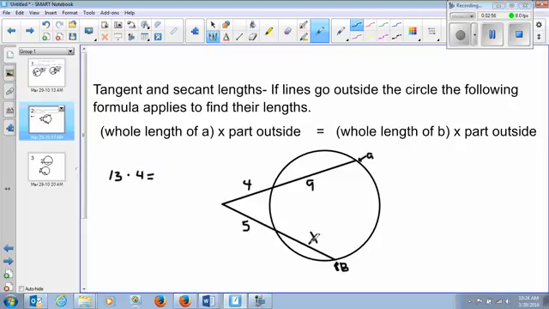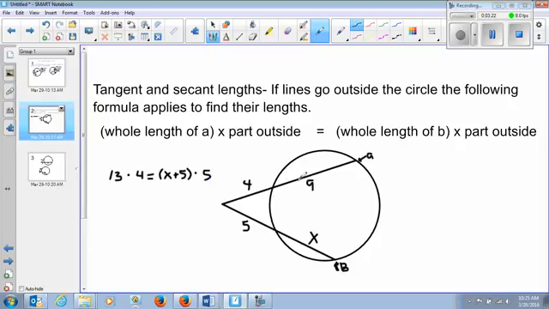So this is where people get tripped up. We see that the whole segment is not 5, it's not x, it's actually x plus 5 or 5 plus x. Either way you want to think about that. So we'll say x plus 5 is that whole length. So I'm going to have to put parentheses around that to remind myself that when I multiply times the part that's outside, I need to distribute that.